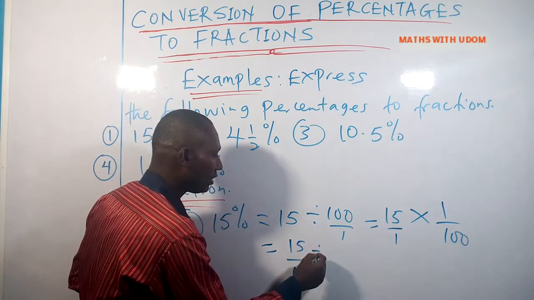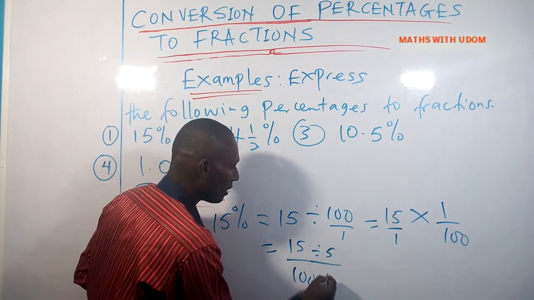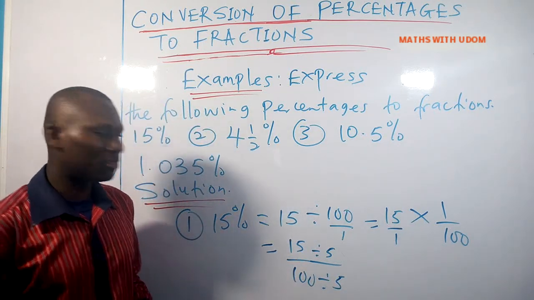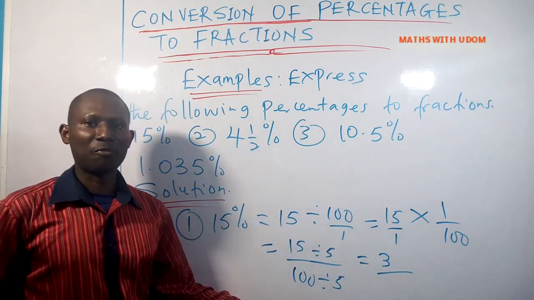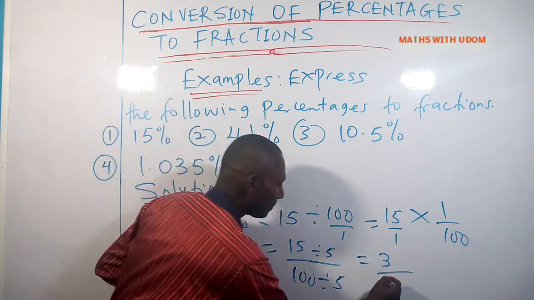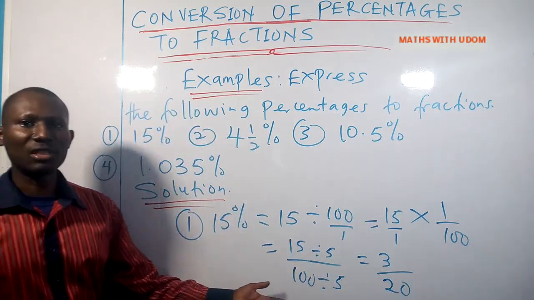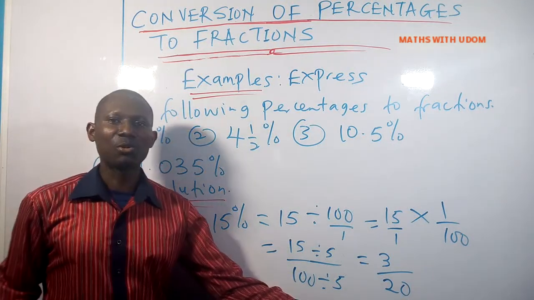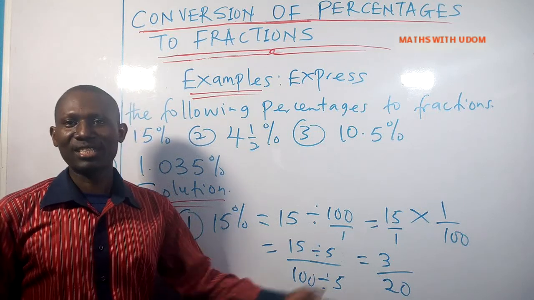So we divide the numerator by 5, and we also divide the denominator by 5. So 15 divided by 5 will give us 3, while 100 divided by 5 will give us 20. So at the end of the day, we have succeeded in converting 15% into a fraction, which is 3 over 20.